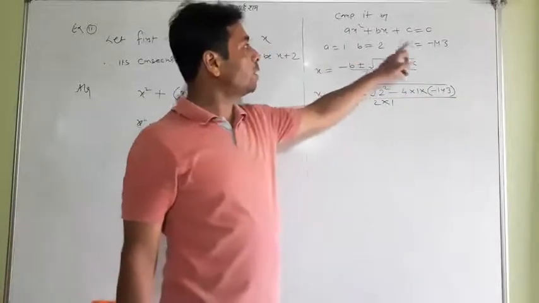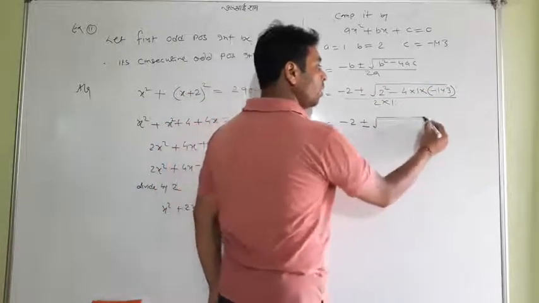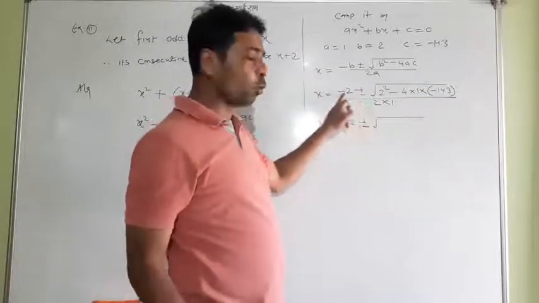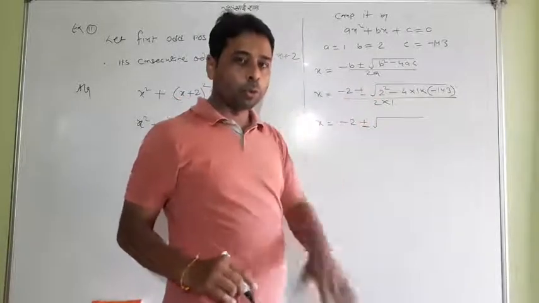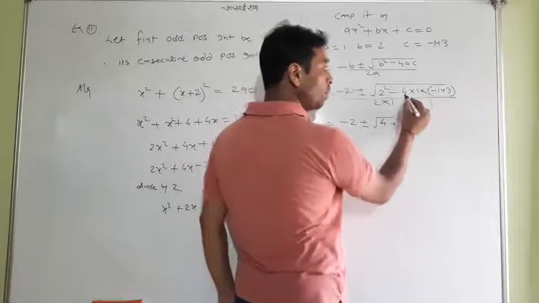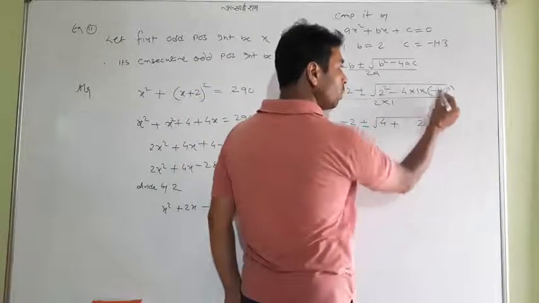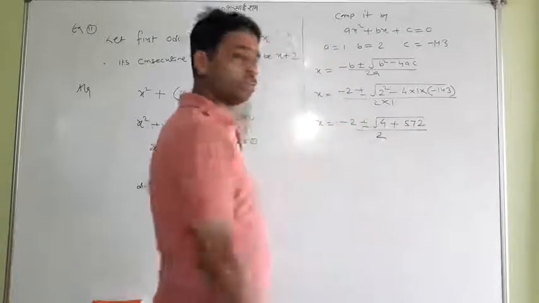Put all the values instead of a, b, c. Sometimes students cancel 2 and 2. Don't do this, because both are tied to the plus and minus sign. So 2 twos are 4, minus minus plus, multiply this, upon 2 ones are 2.